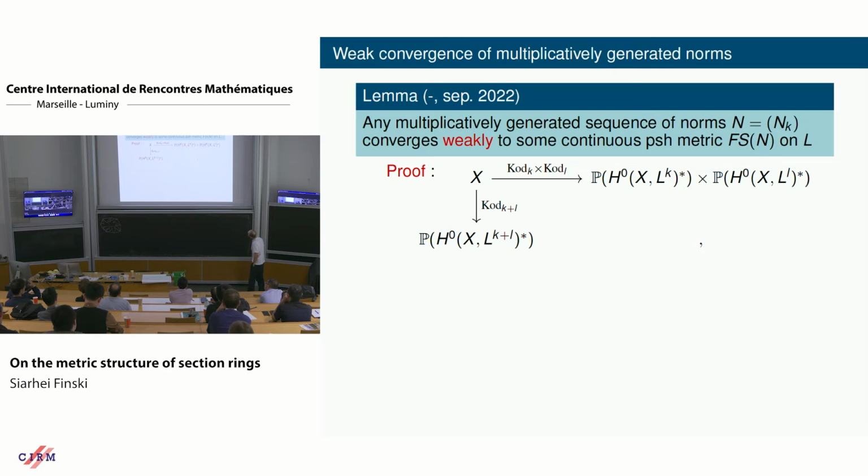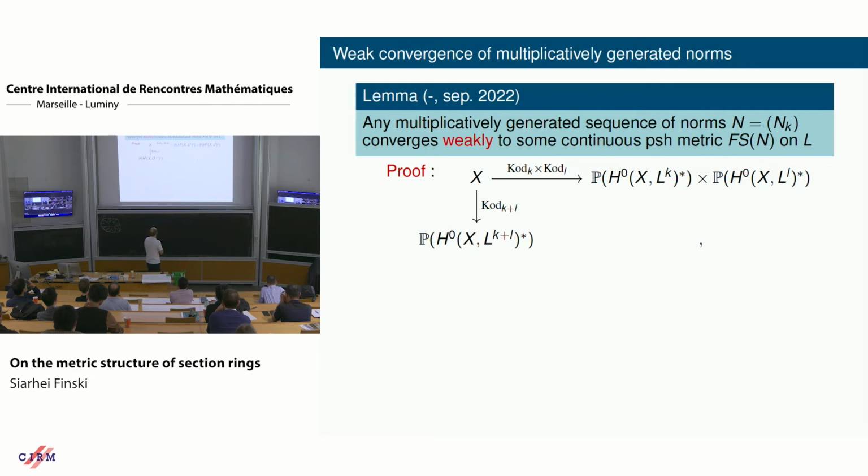So you see, saying that it converges weakly means that the associated Fubini-Study metrics converge. But Fubini-Study metrics were defined using the Kodaira maps. And so we need to understand how different Kodaira maps relate one to another.